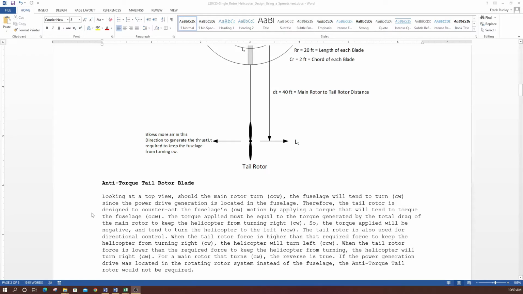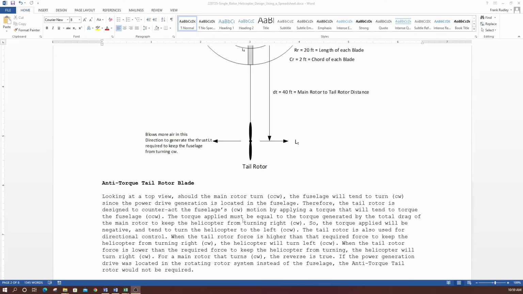Therefore, the tail rotor is designed to counteract the fuselage's clockwise motion by applying a torque that will tend to torque the fuselage counterclockwise. So it's going to apply a force here which will put a counterclockwise torque on the fuselage to keep this stable, keep it from turning.